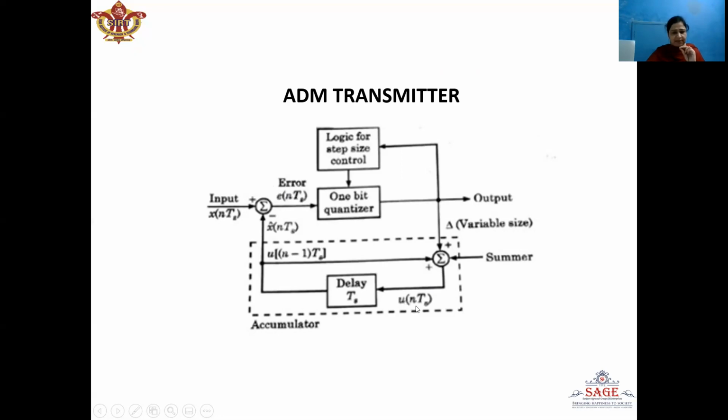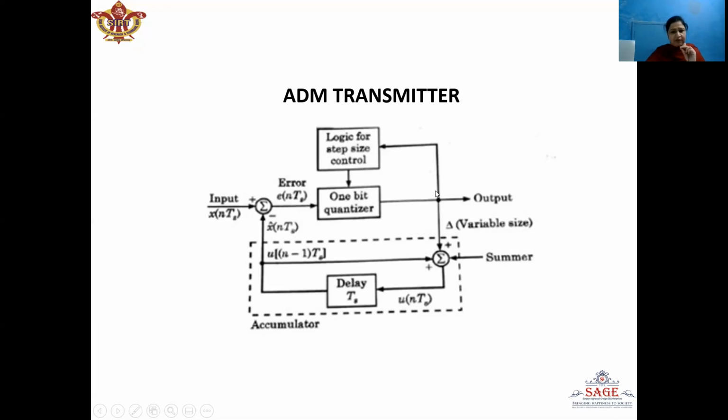the present approximated signal u(nTs). Now in ADM, we can see an additional block for logic for step size control. Now when we are generating the output of the 1-bit quantizer, the logic for step size control is operated on the quantizer, and we get the output of the quantizer, that is step size, which varies according to the message signal.